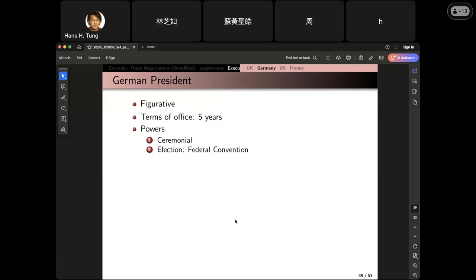Some of the powers are solo powers. So first of all, the power to nominate the prime minister, even though during the cohabitation the president was forced to nominate someone from the other party. Another power is the referendum. That's a solo power. Third, to dissolve the National Assembly.